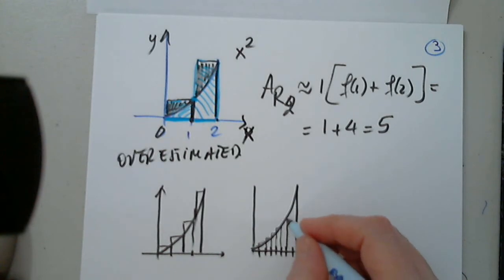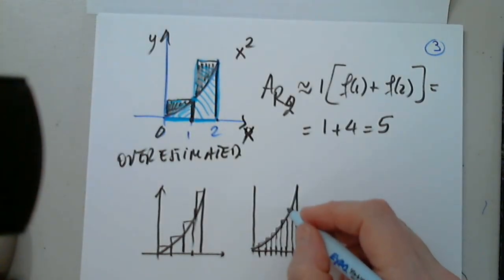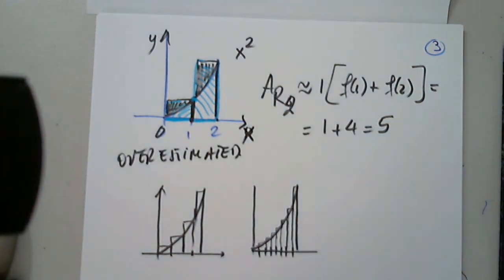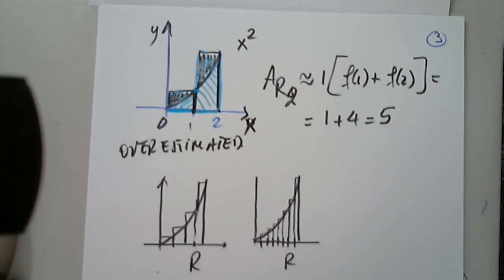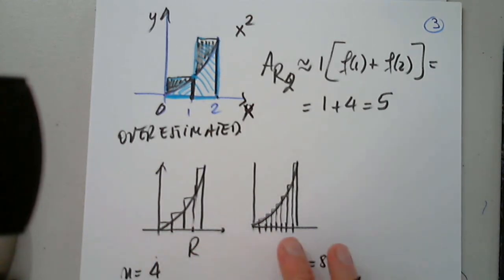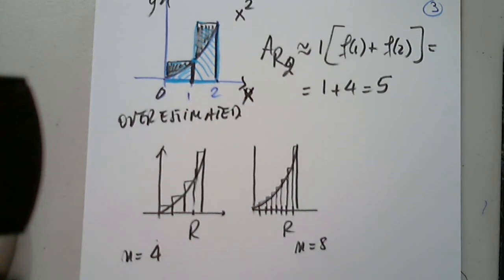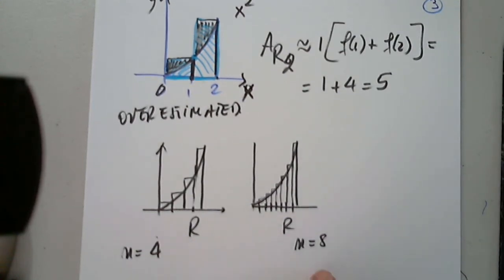Sorry about that. I'm still discussing the rightmost point. So which of these two, this one with n, the number of subintervals, equal to 4, and here n equals 8, which of these two will be a better approximation?